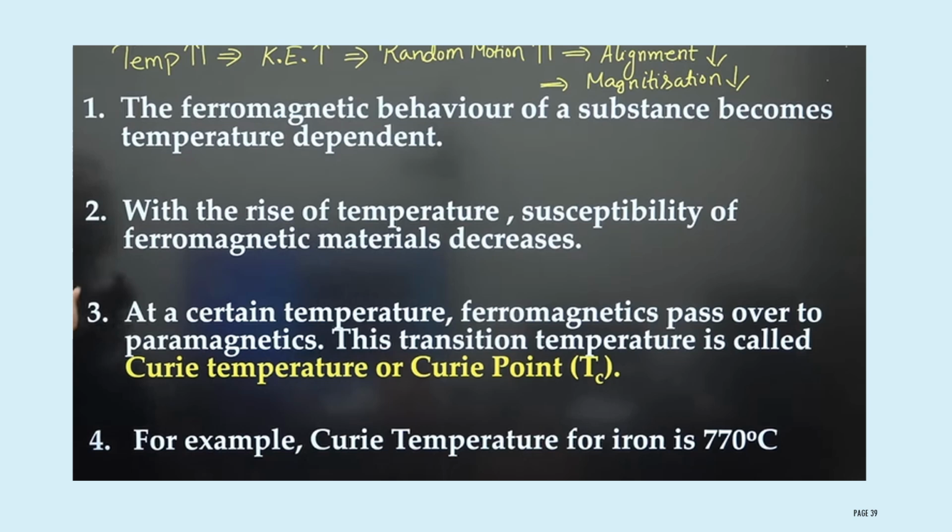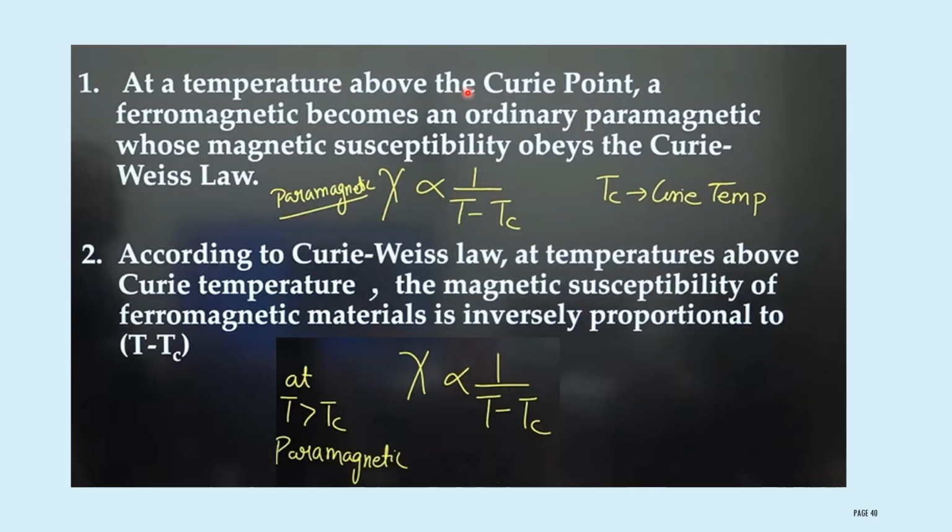At a temperature above the Curie point, a ferromagnetic becomes an ordinary paramagnetic whose magnetic susceptibility obeys the Curie-Weiss law. Zeta will be inversely proportional to 1 divided by T minus Tc. T is the absolute temperature, Tc is the Curie temperature.